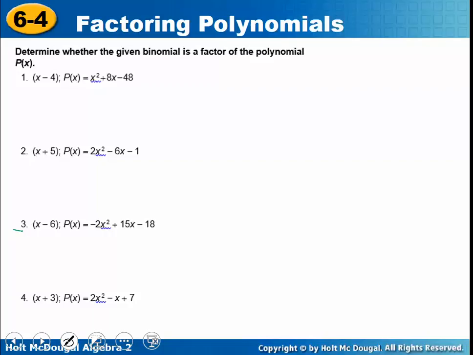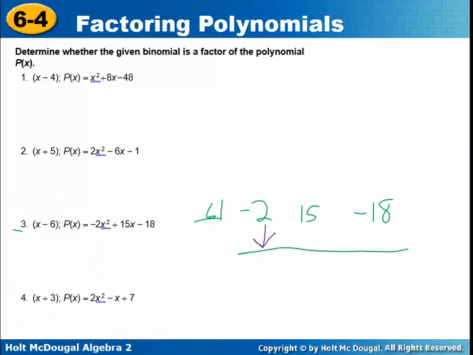So again, we have to take the opposite sign. So that'd be 6. And then the coefficients of the polynomial would be negative 2, 15, negative 18. Leave a space. And now I'm going to drop down the negative 2, and then I start multiplying. So negative 2 times 6 is negative 12.